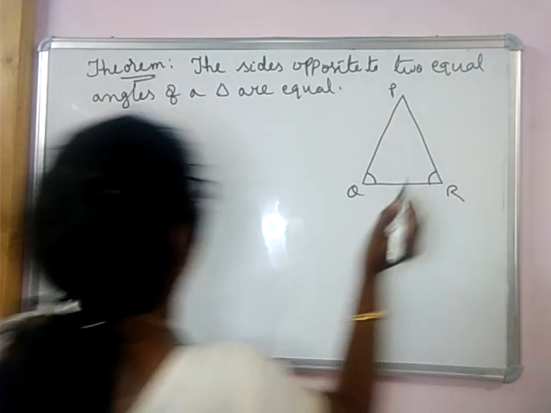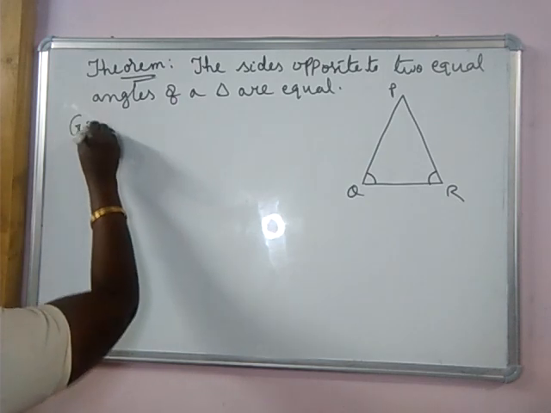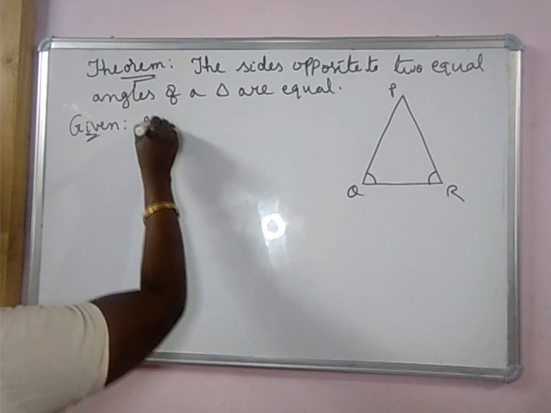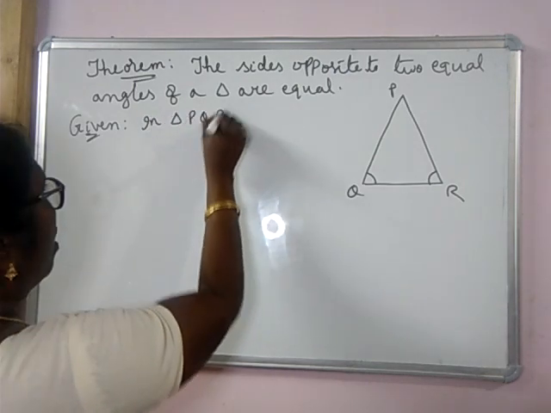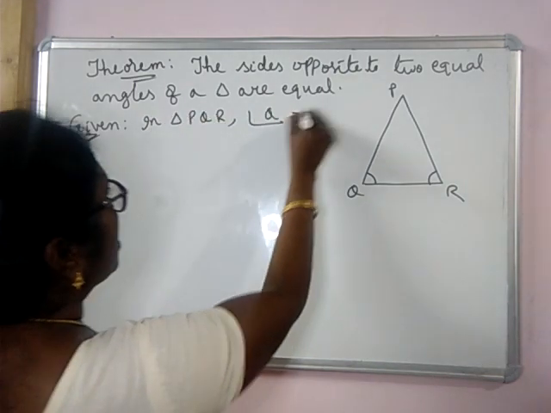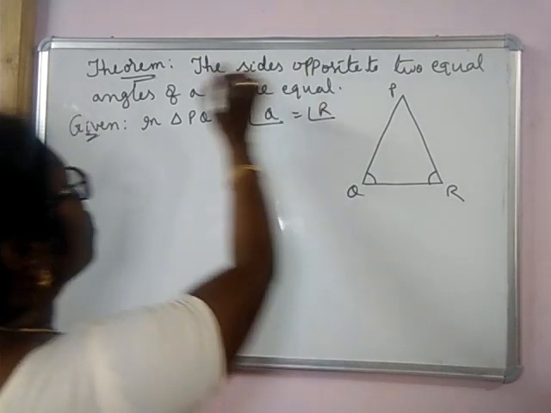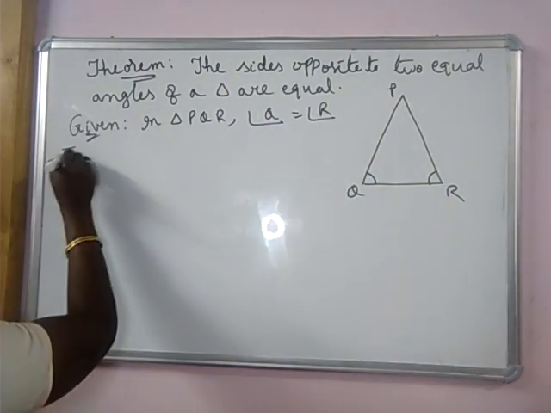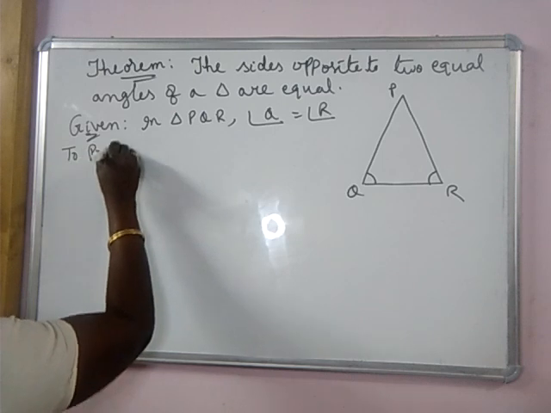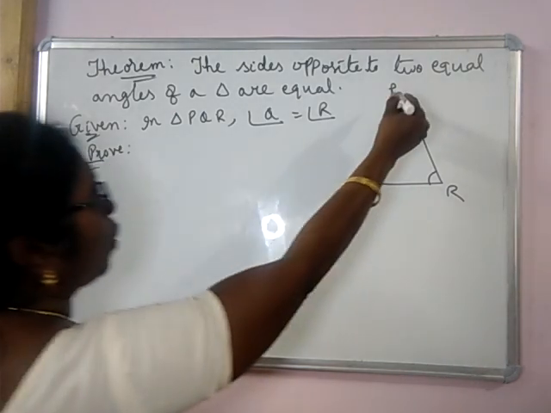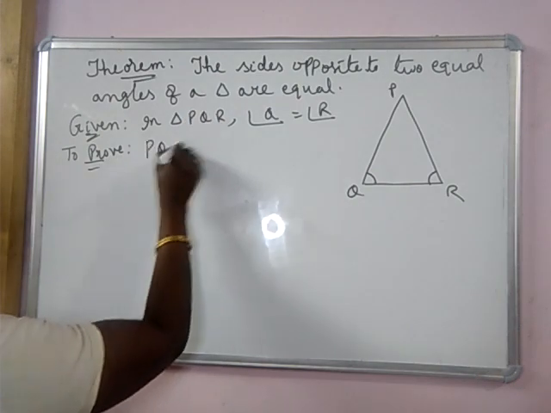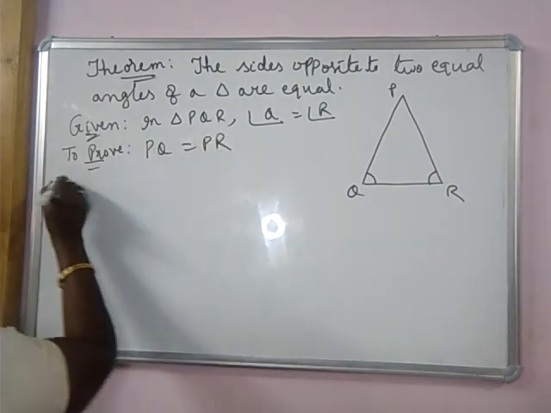In triangle PQR, what is given to us is two equal angles: angle Q is equal to angle R, given. We have to prove that the sides opposite to them are equal. Opposite to Q is PR, opposite to R is PQ. PQ is equal to PR, you have to prove.